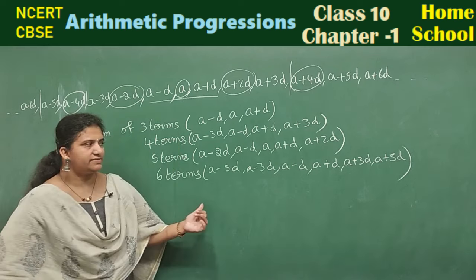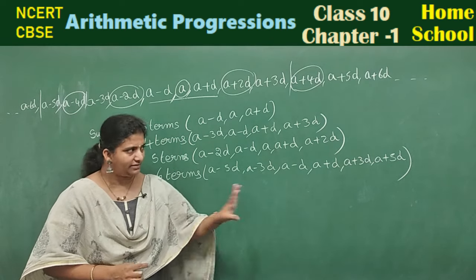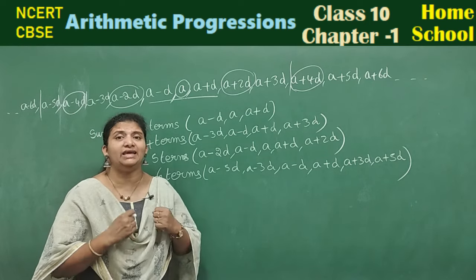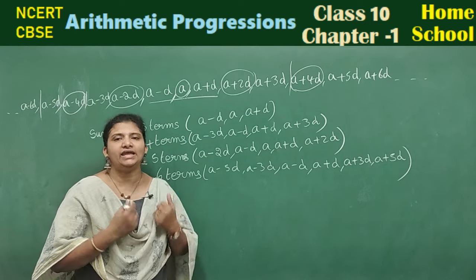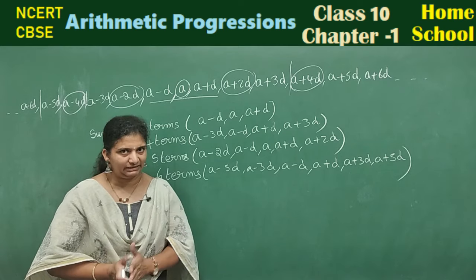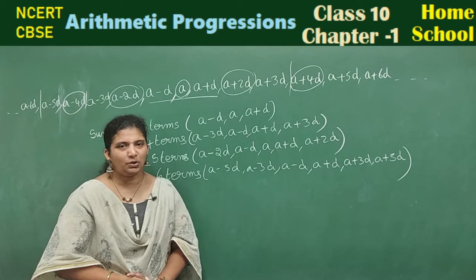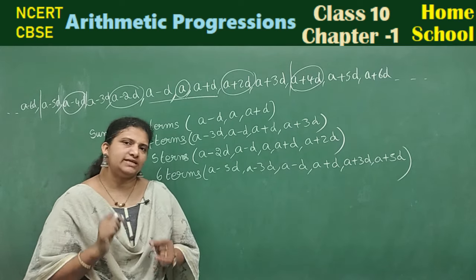Okay, like this, if 6 terms are given, you take them like this. If any question about 3 terms, 4 terms or 5 terms of an AP occurs, you need to select the terms in this manner. Okay, is this clear?